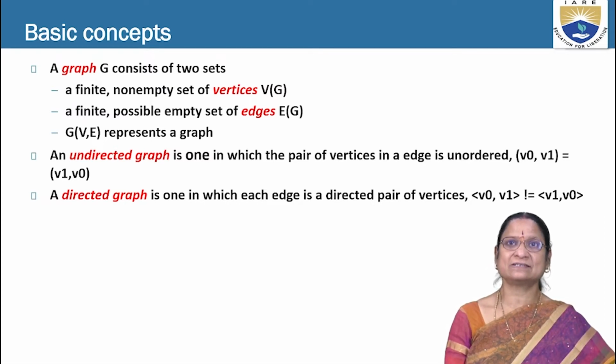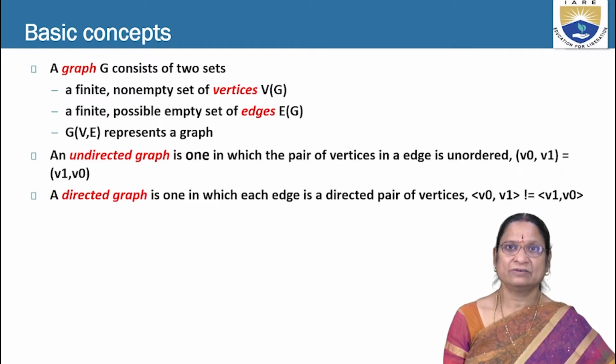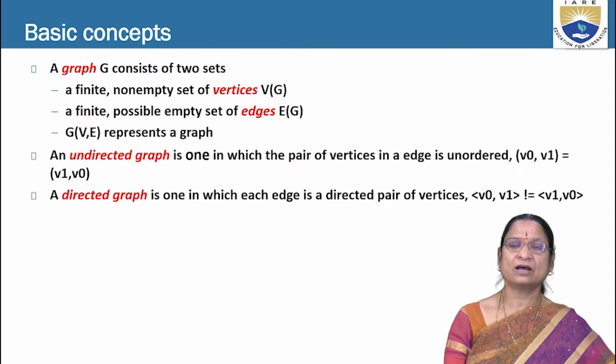In such cases, the edge V1, V0 is not equal to V0, V1. In case of an undirected graph, the direction is not specified. The path can be traversed from source vertex to destination vertex or destination vertex to source vertex. That is, V1, V0 is equal to V0, V1, if V1 and V0 are two vertices between which an edge exists.